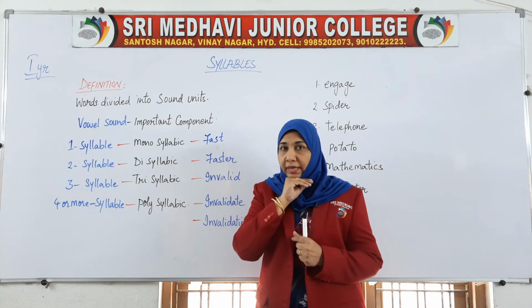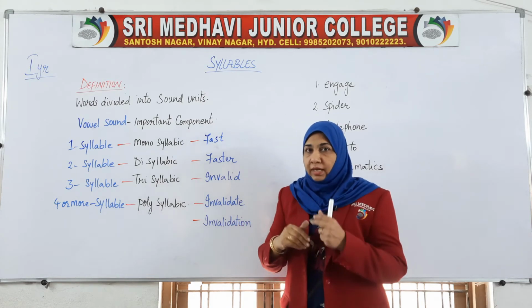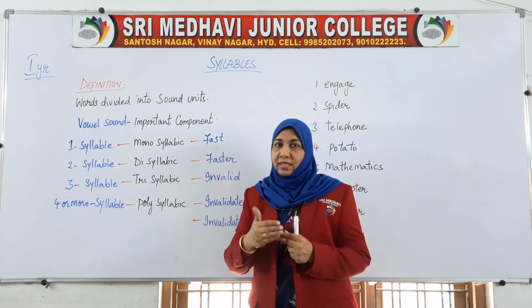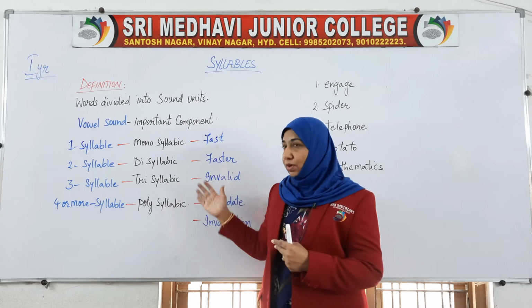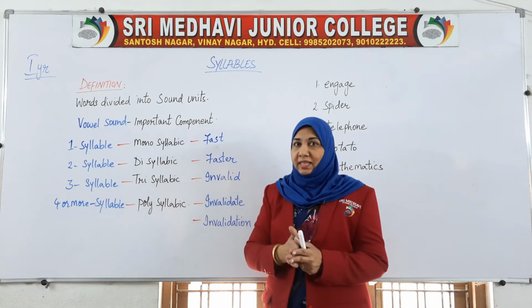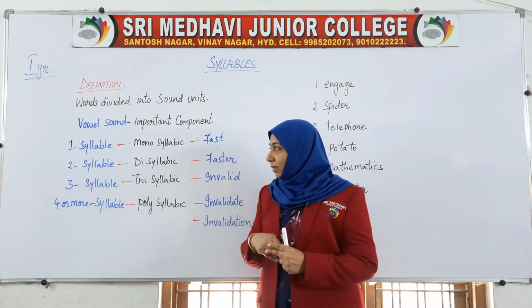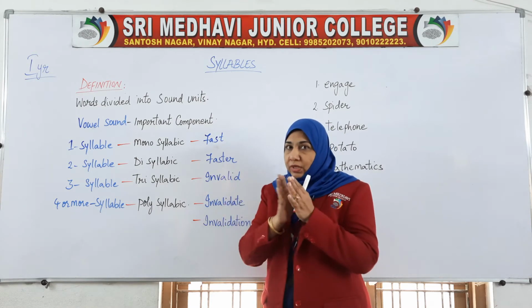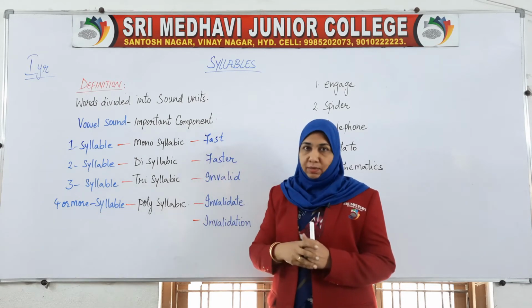Say again, faster. Twice it gets moved. Then you can understand that this is the easy way to find out the syllable. And if you practice well, it is not even necessary to keep the hand under the chin. But you need to divide the words into the units, and those units are known as the syllables.